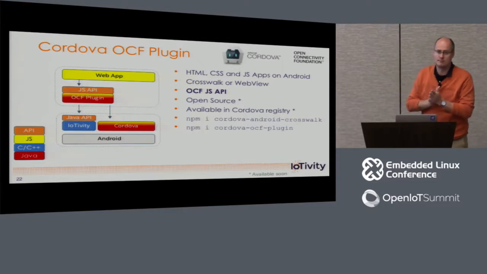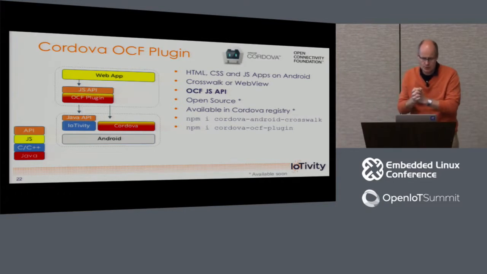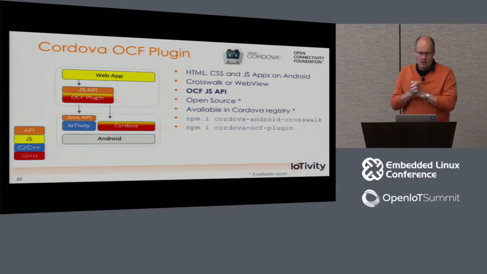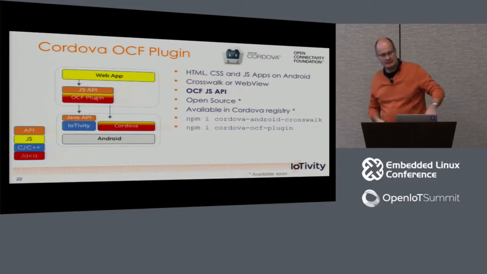Okay, more technologies in this area is the Cordova. So for those who don't know what Cordova is, it's a API bridge from JavaScript to native for mobile applications. Mobile meaning iOS, Android, BlackBerry, whatever you have there, Tizen.